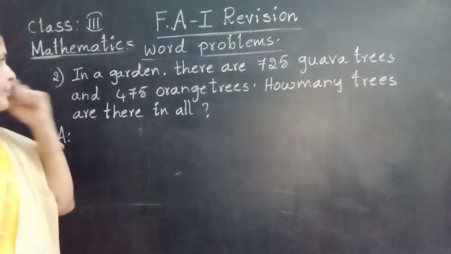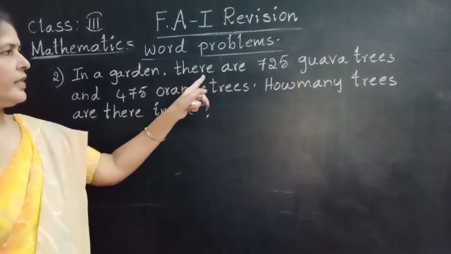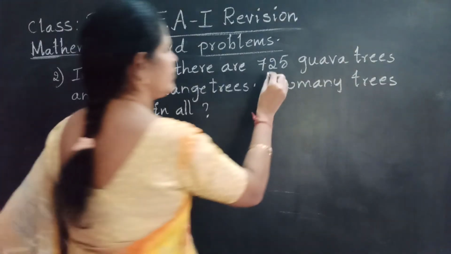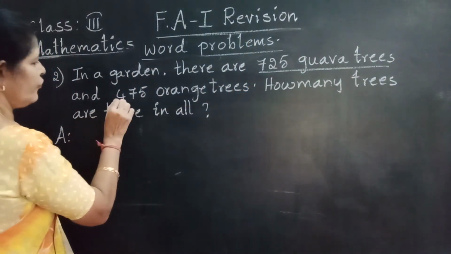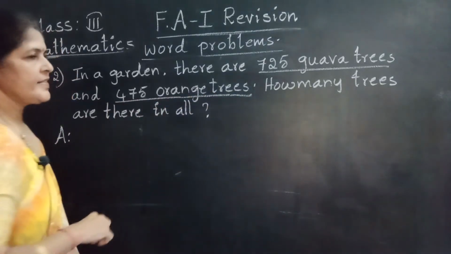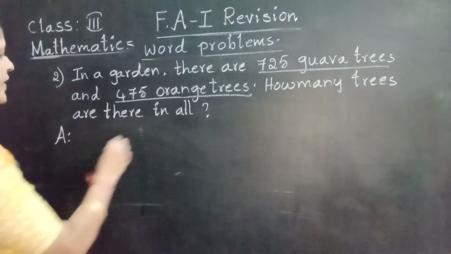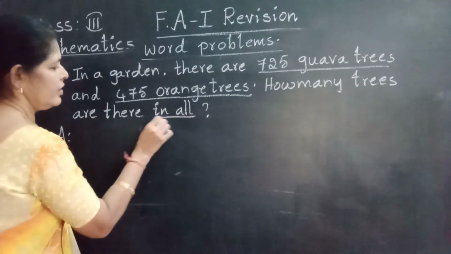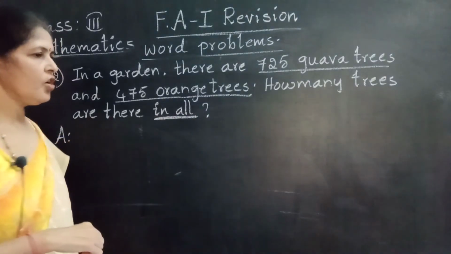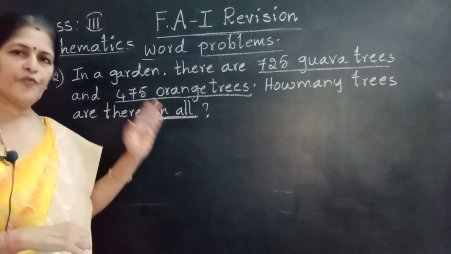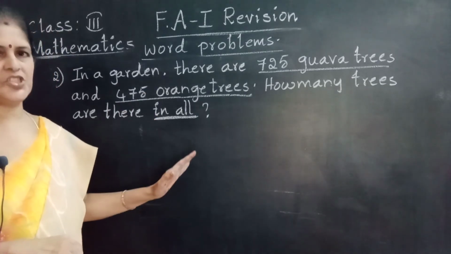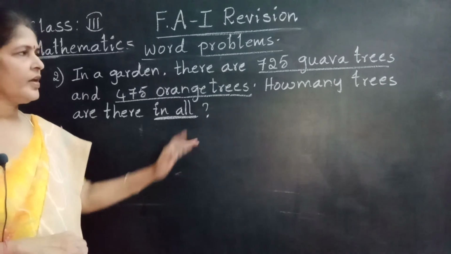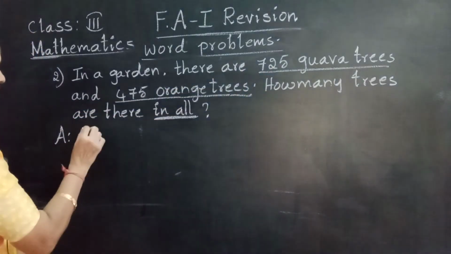Come on children. In a garden, there are 725 guava trees and 475 orange trees. How many trees are there in all? In all is an addition word. That means we find the answer by addition. Now the first one is guava trees.